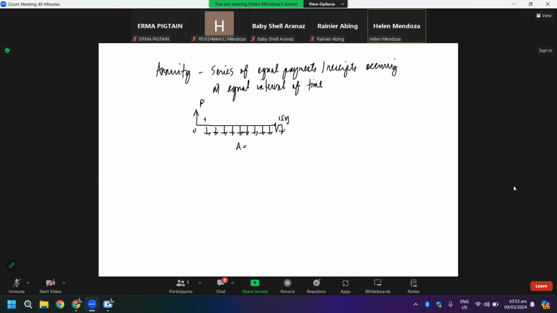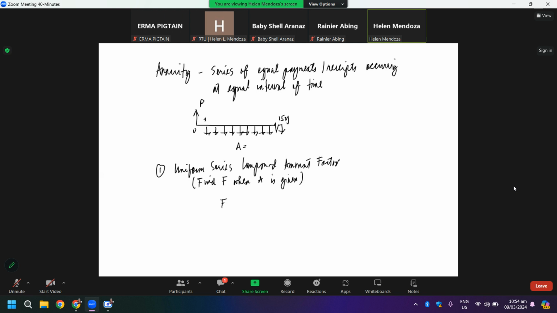So the first one would be the uniform series compound amount factor. Now this factor is used when we try to find an F value when A is given.